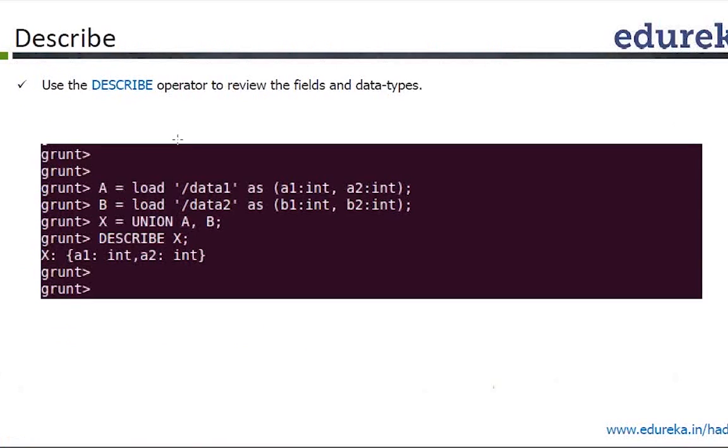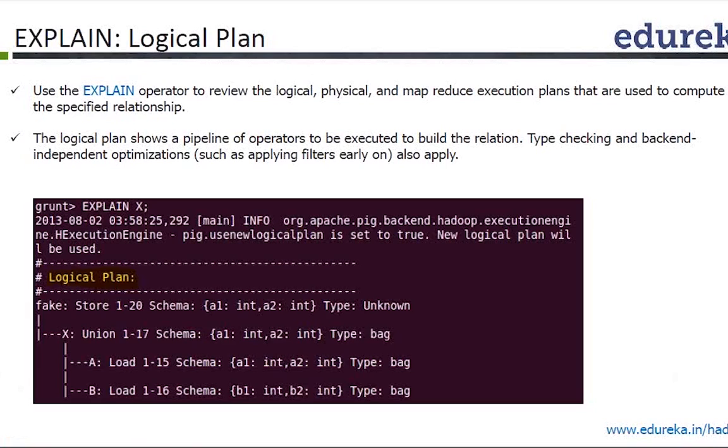Okay. So this is the way you read the data. You can do A equal to load, give the source of the data where you have it. Then if you want to specify the schema, give the schema, and based on that you can read the data set. Then you have this logical plan that tells you what kind of map and reduce job it can execute. So that's what you can see.